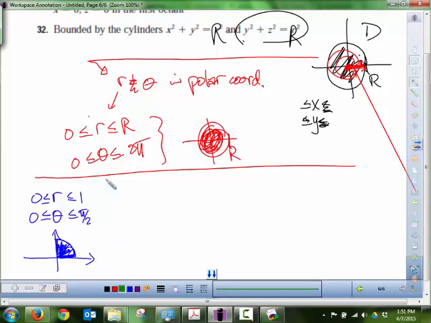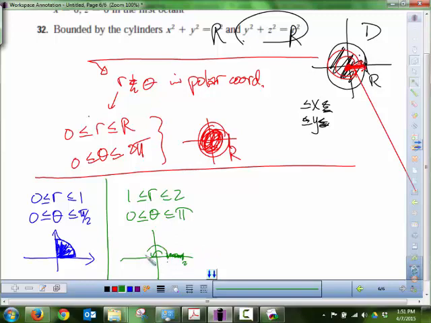All right, let's change it up now. What if I let my R go from 1 to 2, and I let my theta go from 0 to pi? What is this going to look like? So my radius goes from 1 to 2. So I only have this piece that I'm going to spin around from 0 to pi.